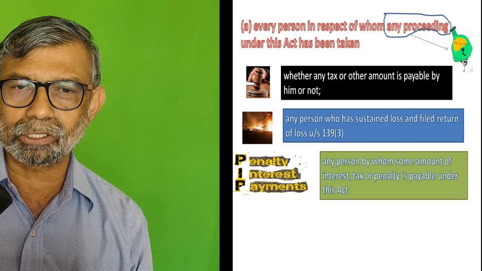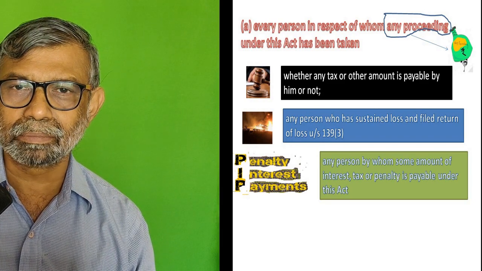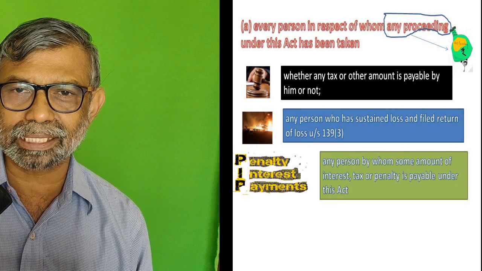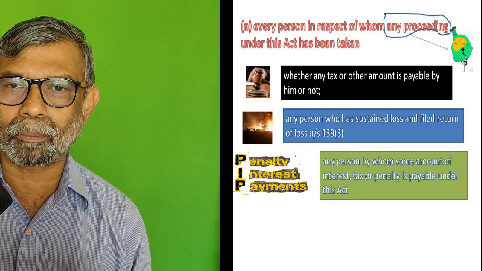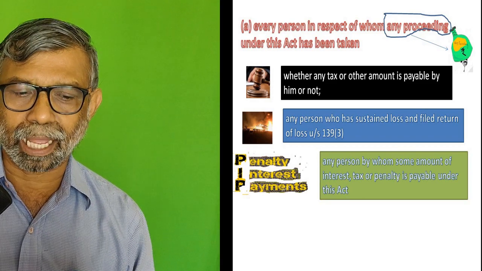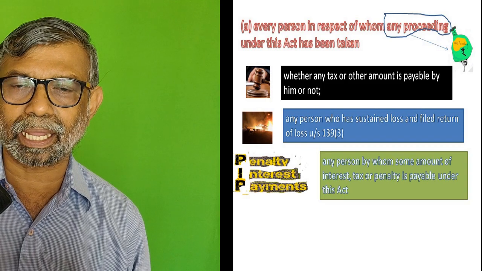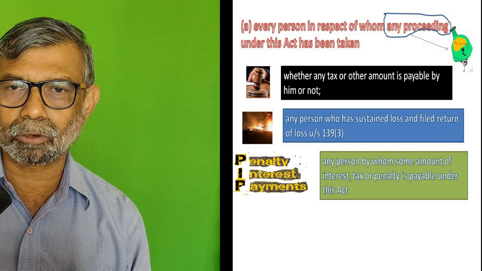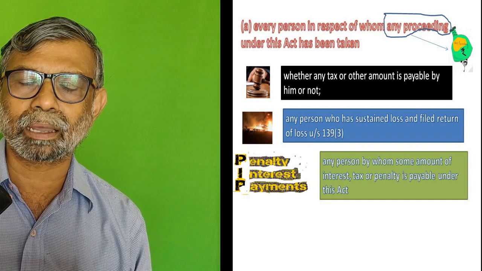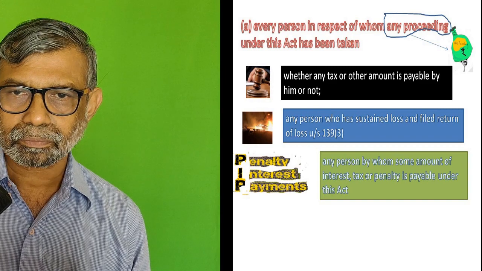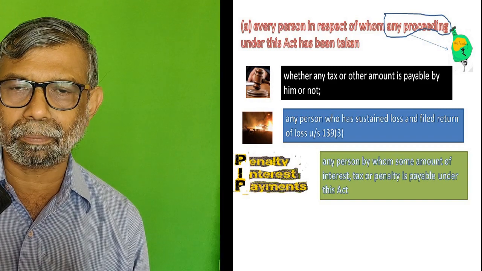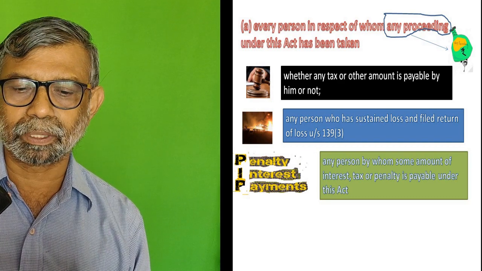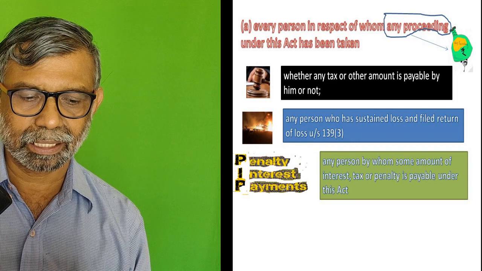Clear? So suppose this year you may not be having any income, but last year you paid less income tax. सो ये साल में आपको पकड़ेगा बैलेंस पे करने के लिए. वो टाइम में आपको पे करना पड़ेगा, उसका इंटरेस्ट पे करना पड़ेगा. 40 लैक्स ही पे किया तो बाकी 40 लैक्स का इंटरेस्ट पे करना पड़ेगा और उसको पेनल्टी पे करना पड़ेगा. ओके, सो देन सच अ पर्सन इज एन assessee.